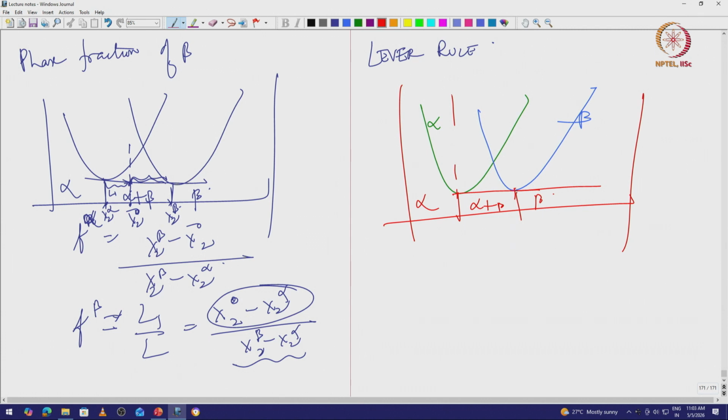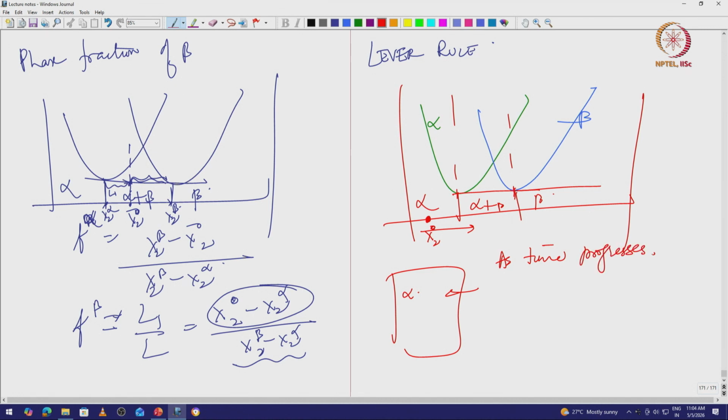So, in this composition range, let us say I am going in this direction, somehow I am putting in more and more atoms of 2 into my system, right. So, there is an alpha phase initially, I keep on adding more and more atoms. Alpha phase is at this composition, right.